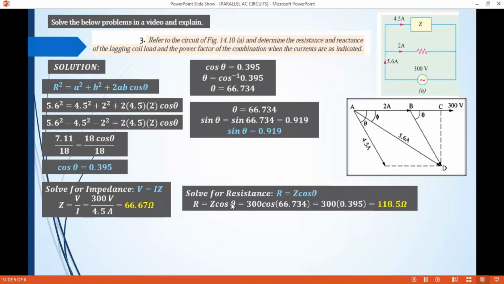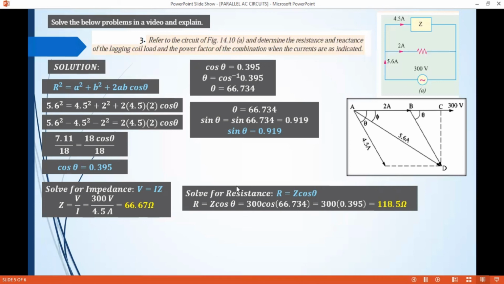Next is for the resistance. The formula for our resistance is R is equal to Z cosine theta. So 300 cosine, our theta here is 66.734.